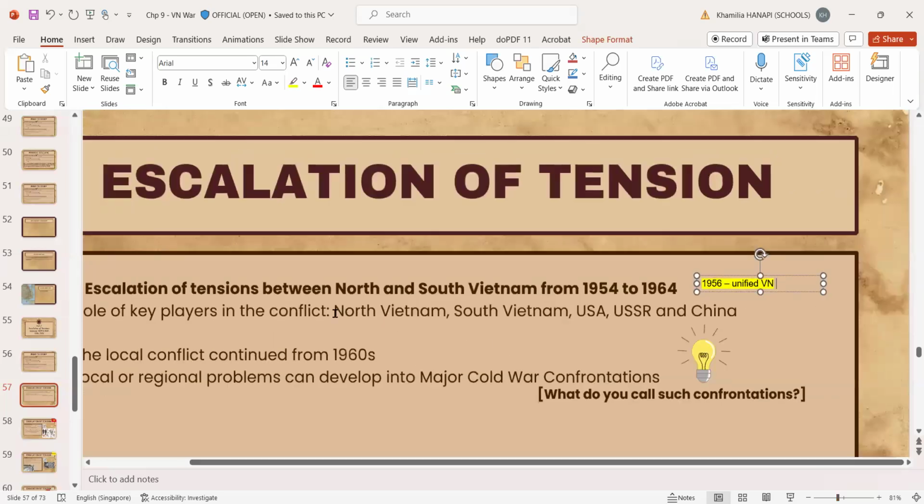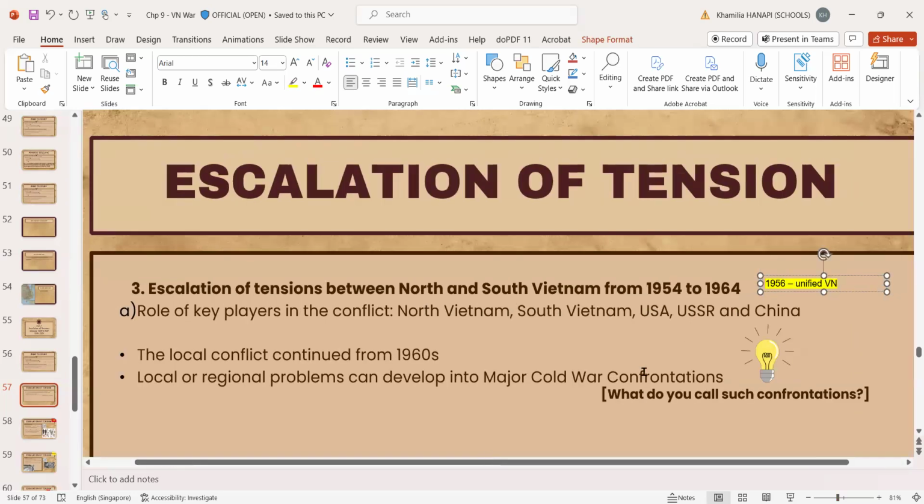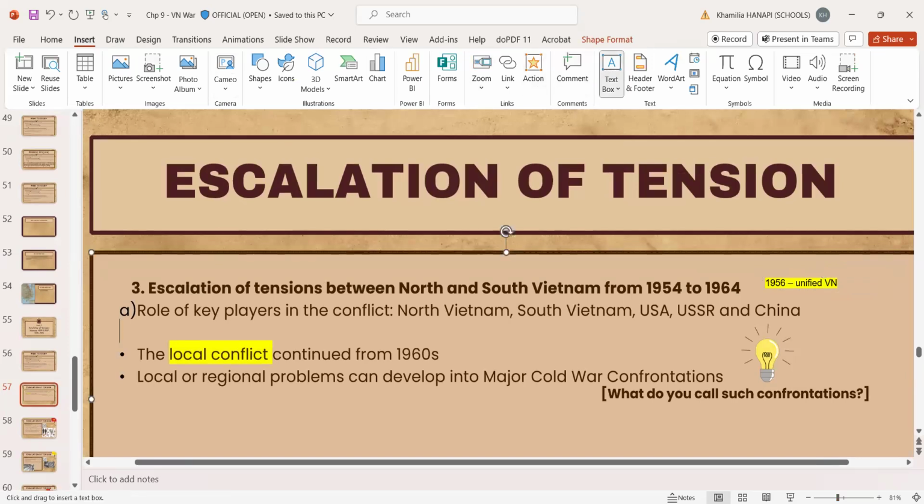So who were the people involved in this tension? Again, North Vietnam, South Vietnam, USA, Soviet Union, as well as China. Now, the local conflict, highlight that for me. The local conflict here means it is between North as well as South Vietnam.